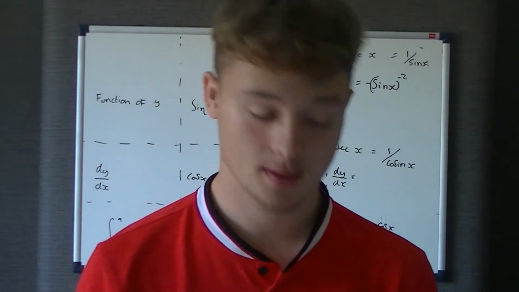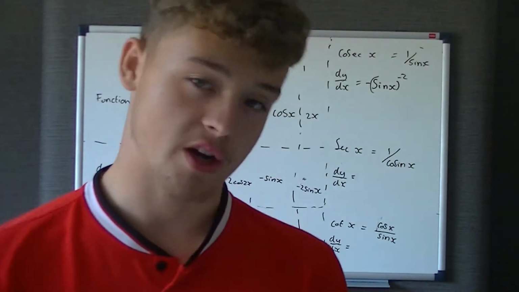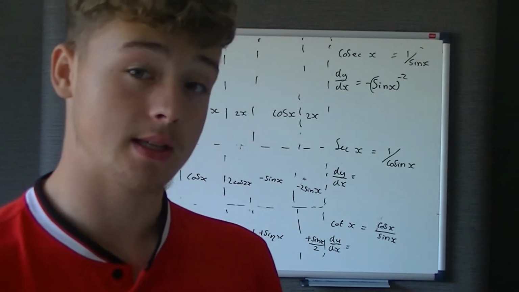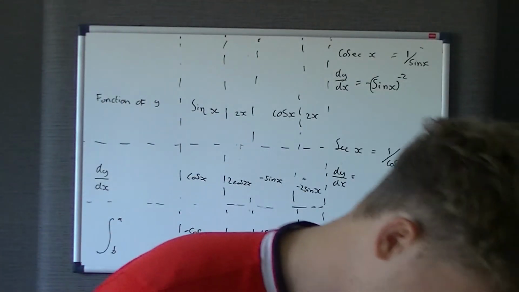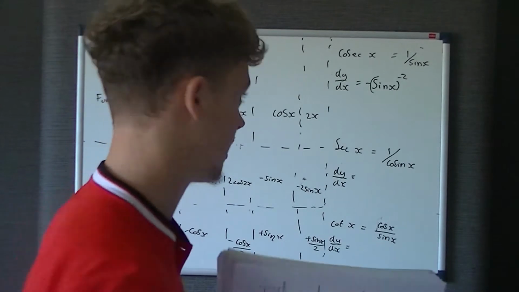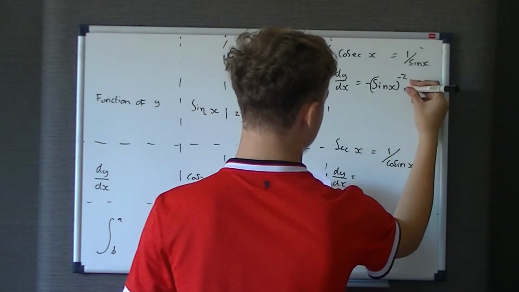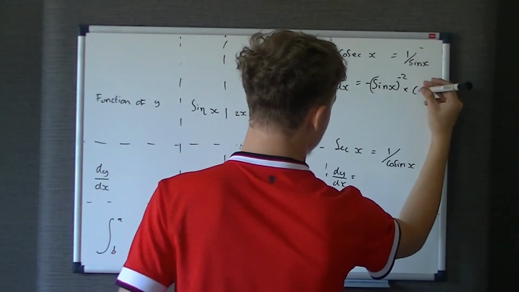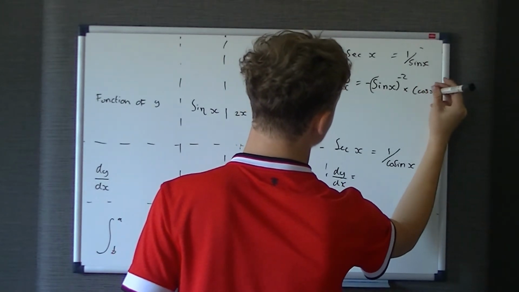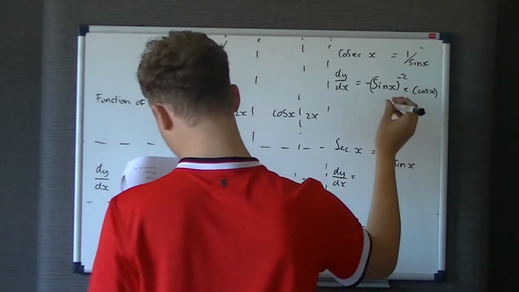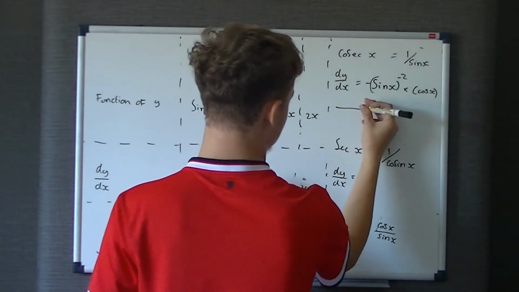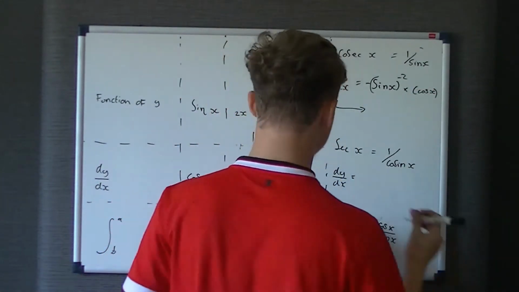If you don't get this, it's no pressure, because they do generally give you the workings out for this in the exam. The answer is all you're really interested in. And you times your minus sine x to the minus 2 by cos x. That's right. I'm going slowly because I don't want to make a mistake.